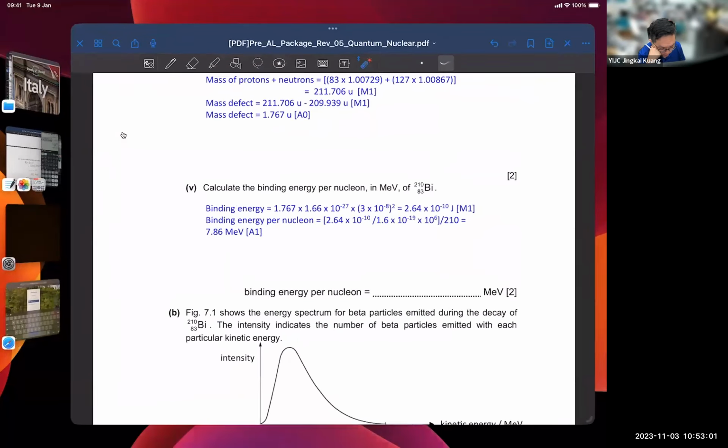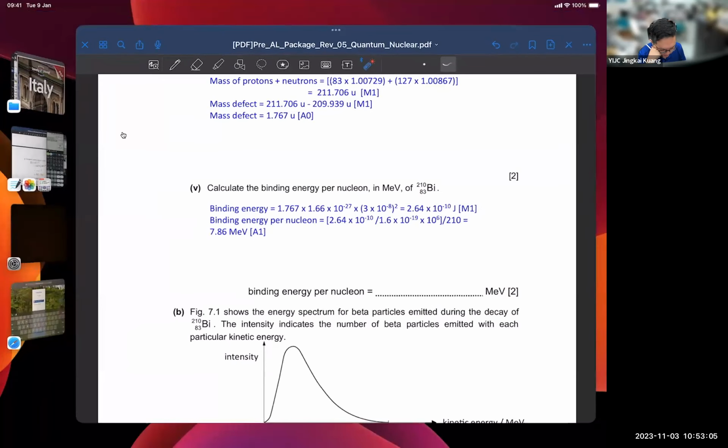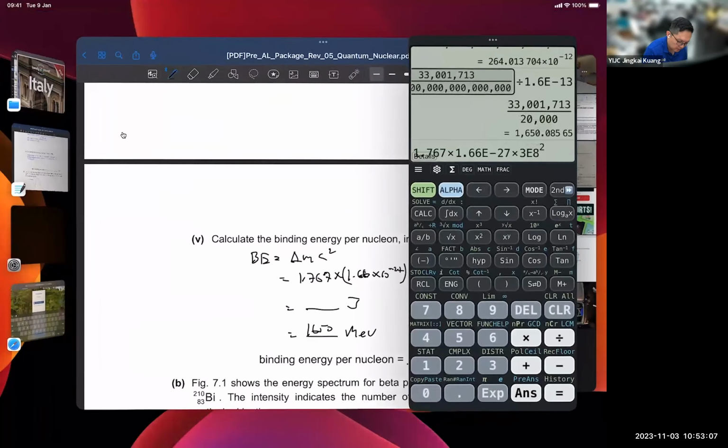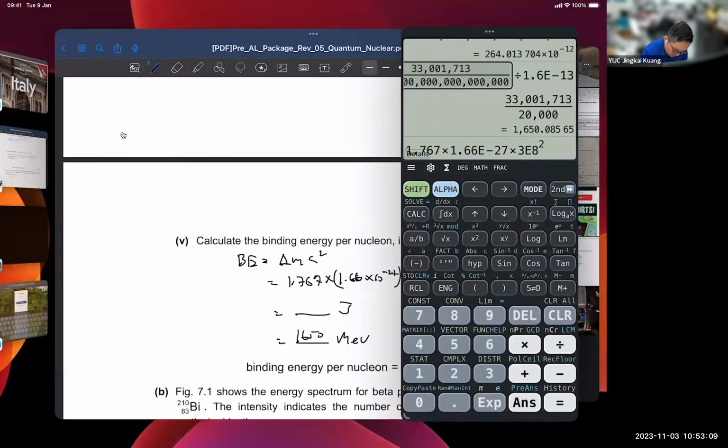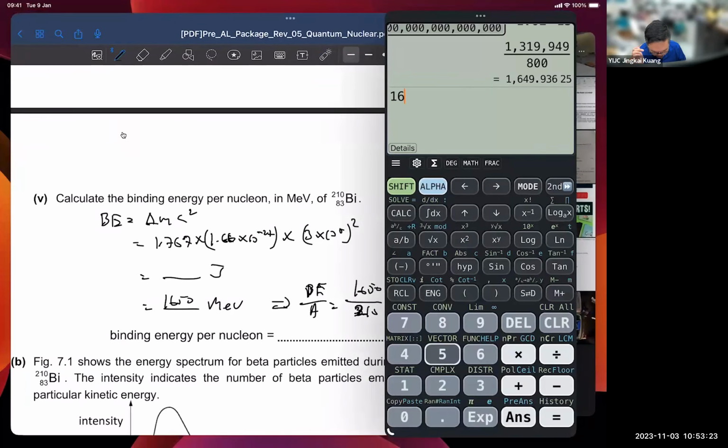Okay. Binding energy. Oh, I know why. Because this is binding energy, but I need to find binding energy per nucleon. So therefore BE over A is 1650 divided by 210.